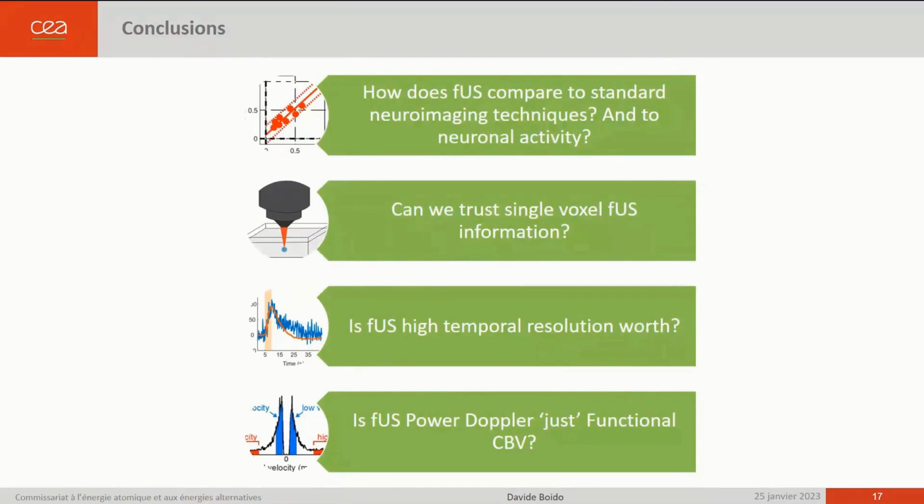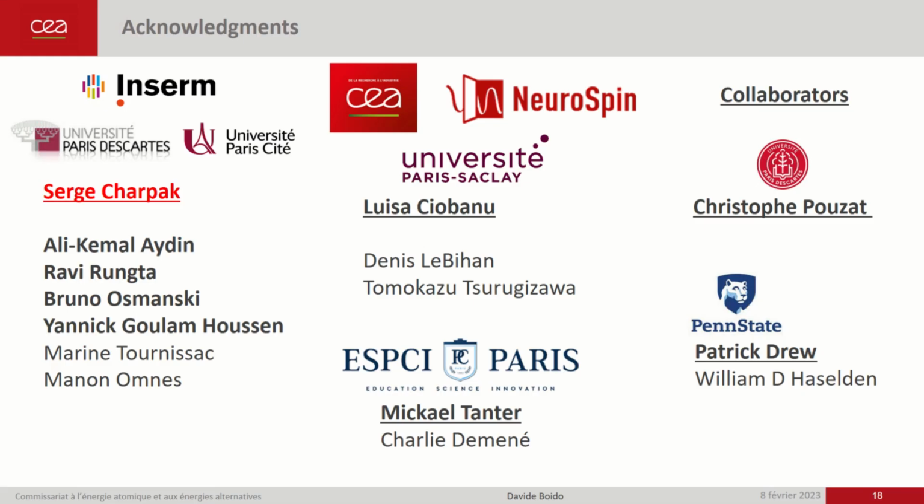We also saw that the high temporal resolution of functional ultrasound is absolutely worth it because of an unexpected fast neurovascular coupling, again, at least in our experimental conditions. And finally, we got a hint on how the power Doppler signal could be used to get more than just functional CBV.